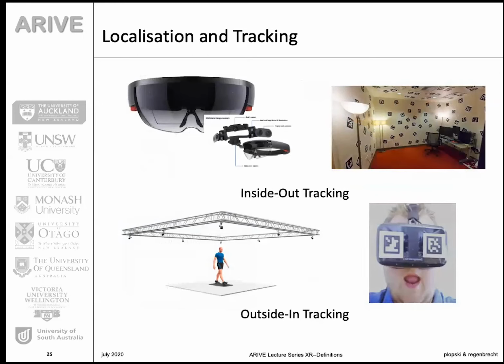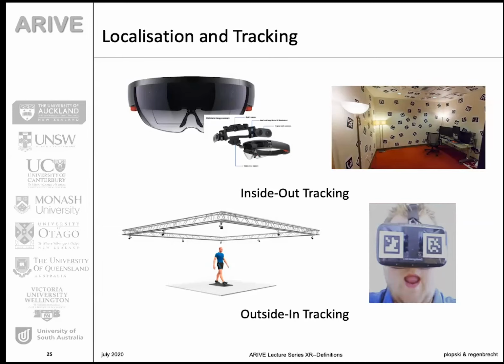Both of these approaches can be utilized for two types of tracking. The first one is inside-out tracking. Here, the sensors that are measuring the environment are on the user. For example, the HoloLens is an inside-out tracking system because all the sensors are on the user's head. And these sensors are tracking where is the environment relative to them.